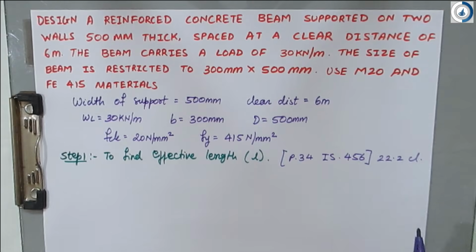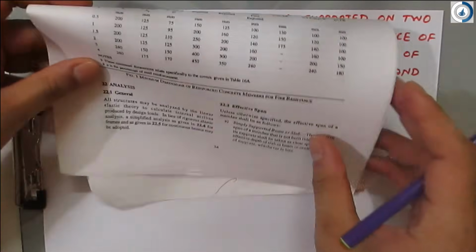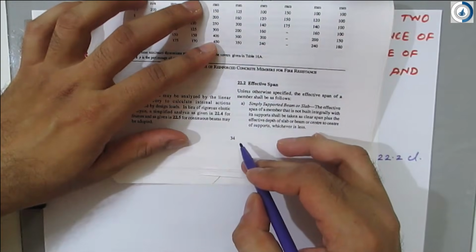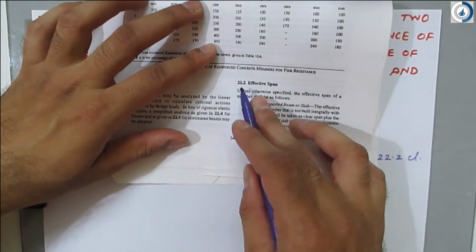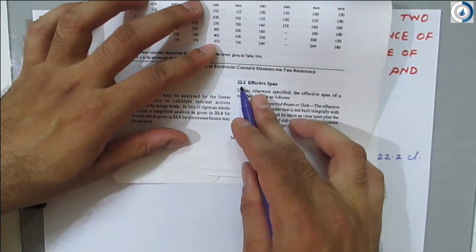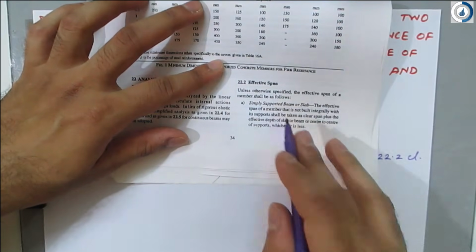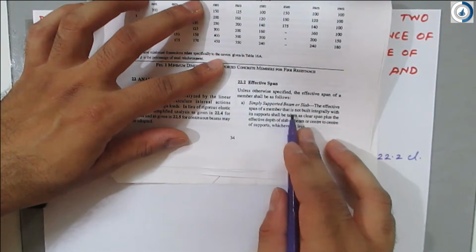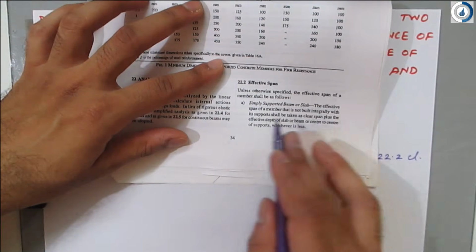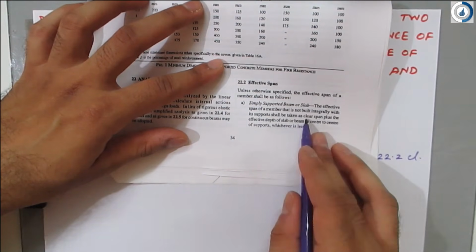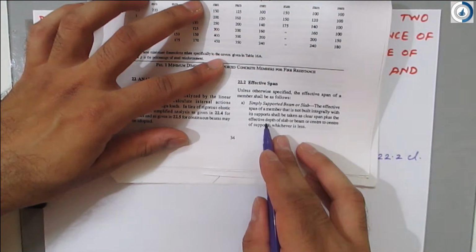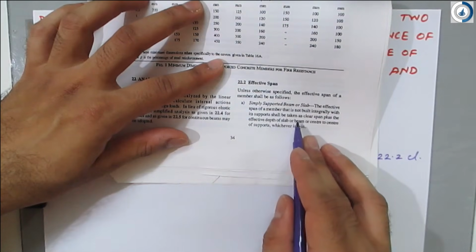So we will go to page 34 of IS 456:2000, clause 22.2, which says effective span. The effective span of a member that is not built integrally with its supports shall be taken as clear span plus effective depth of slab or beam, whichever you are using.